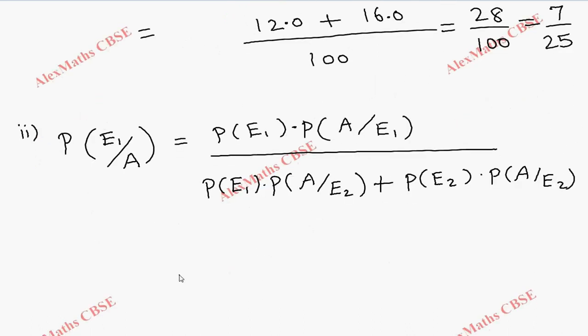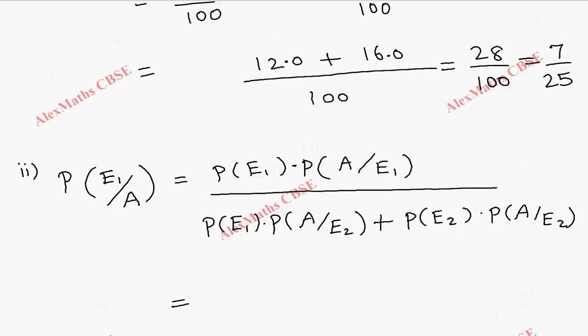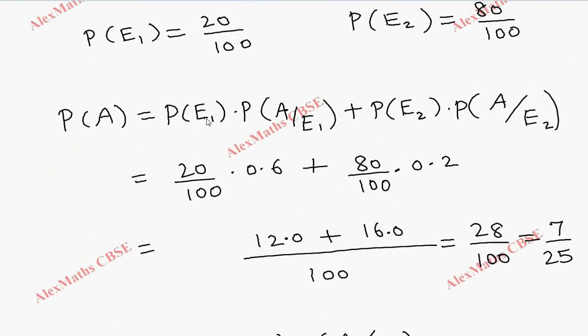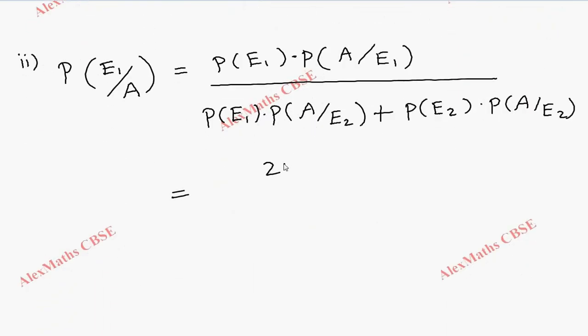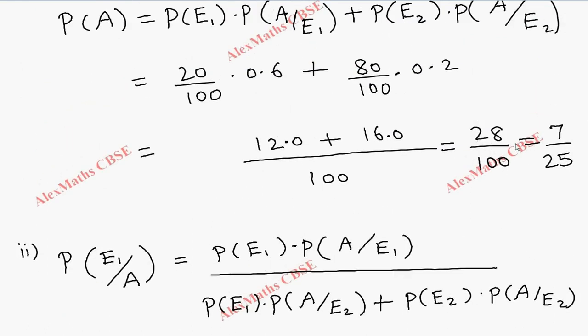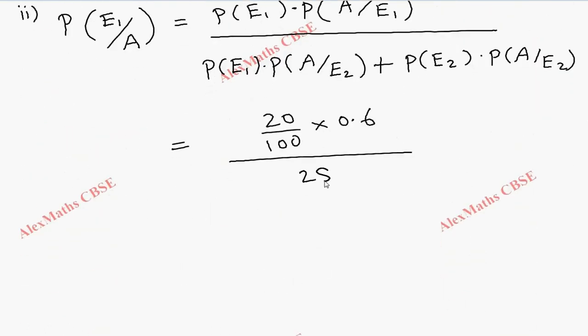Now in the numerator, this first term, P of E1 into P of A by E1, is 20 by 100 into 0.6, whole divided by, for this denominator we have already calculated 28 by 100. So it is better if I use the value directly. We can cancel these two 100s, and in the numerator 6 2s are 12, and there is a 0, so 120, and we have to move one decimal, so again it is 12 by 28. Again by cancelling with the 4 table, this is 3 by 7.